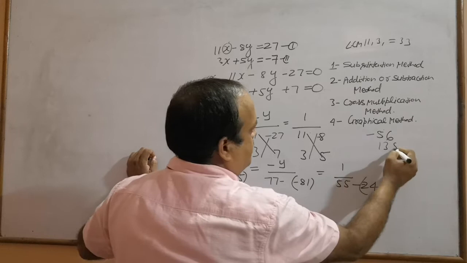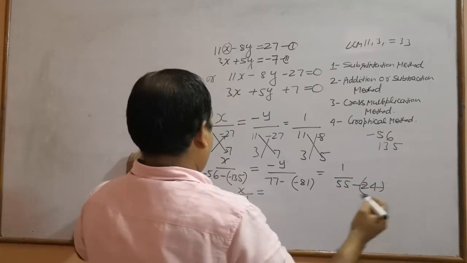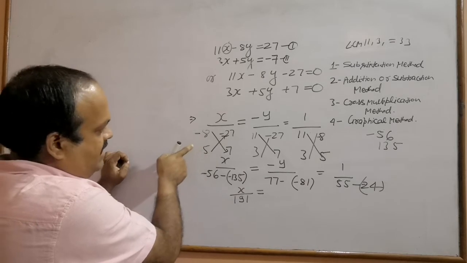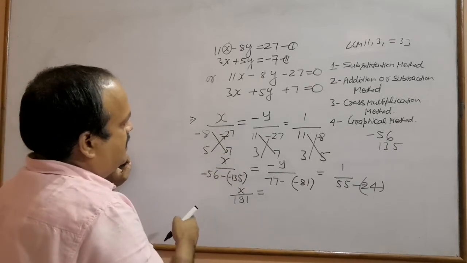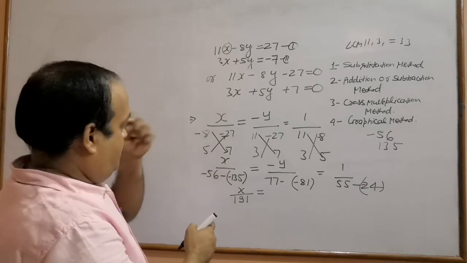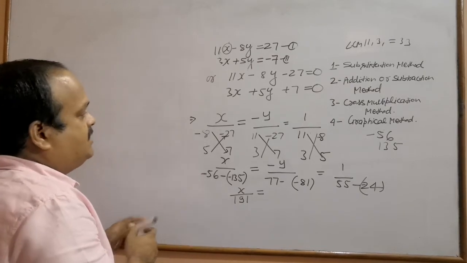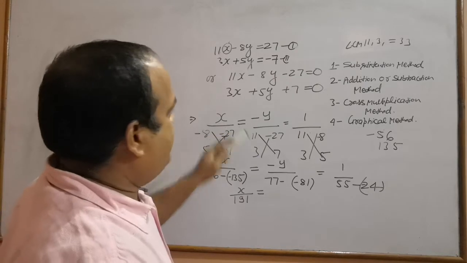So we get 135 minus 56, that is minus 8 into this becomes minus 56 minus 5 into 7.